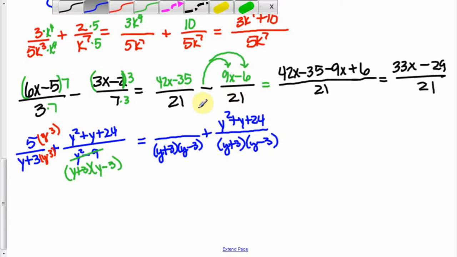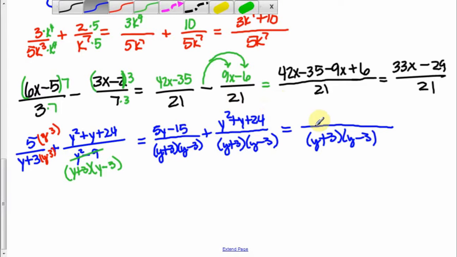And here we can go ahead and multiply 5y minus 15, all over one denominator of y plus 3 times y minus 3. It's adding, so I don't have to do any funky distribution of a negative sign, so that's good. I can just add my like terms together.